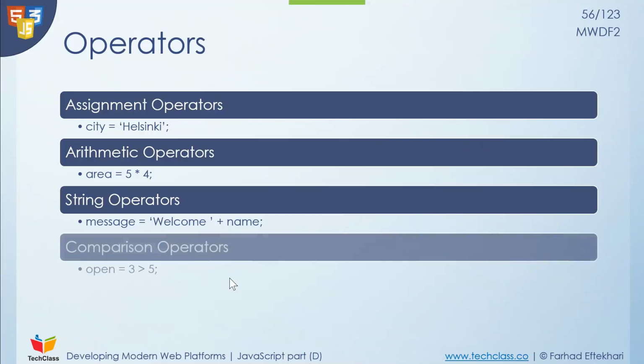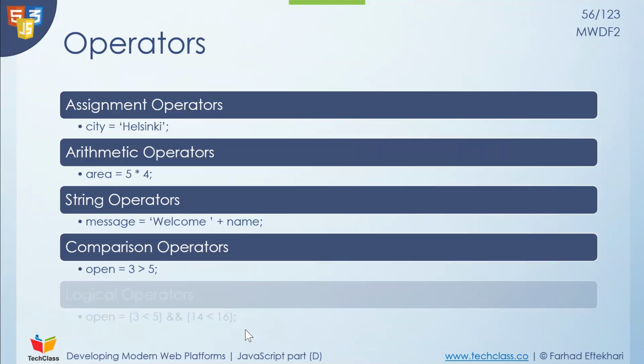And then we have comparison operators. For instance, you are comparing whether 3 is bigger than 5, and then if it was true, the open variable's value will be set to true, and if it's false, it will be false.